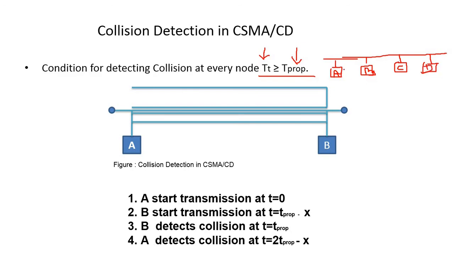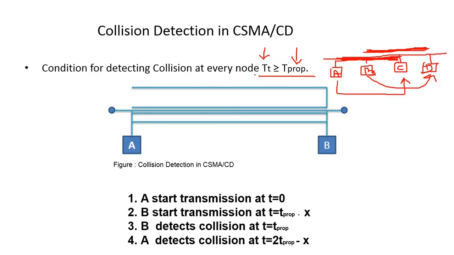So let's see what happens. Suppose A is sending data to C and B is sending data to D. These are the propagation times. It requires some amount of time to travel from A to C, and at this end some amount of time from B to D. Another time required is the transmission time.